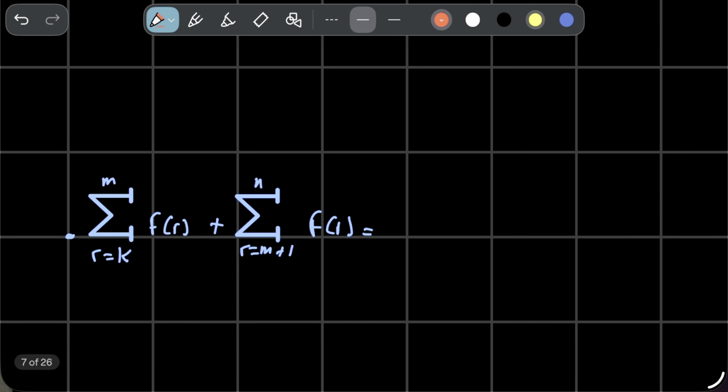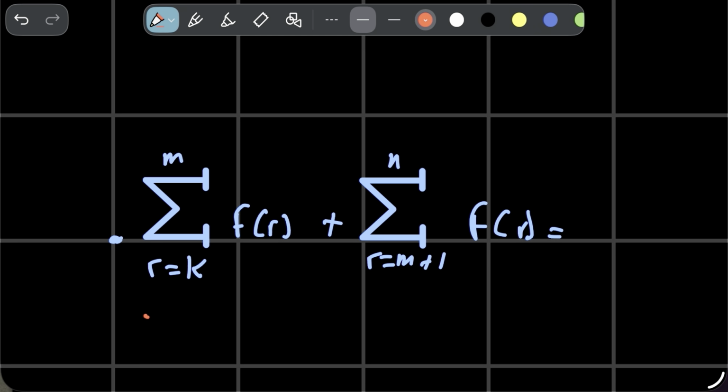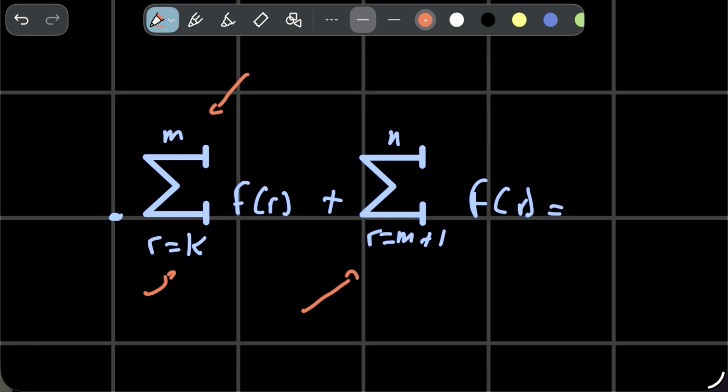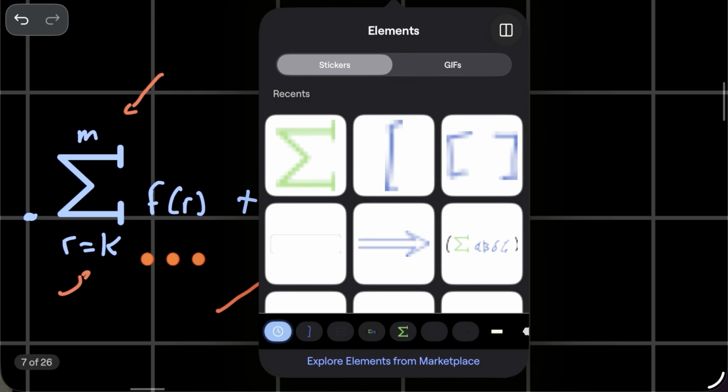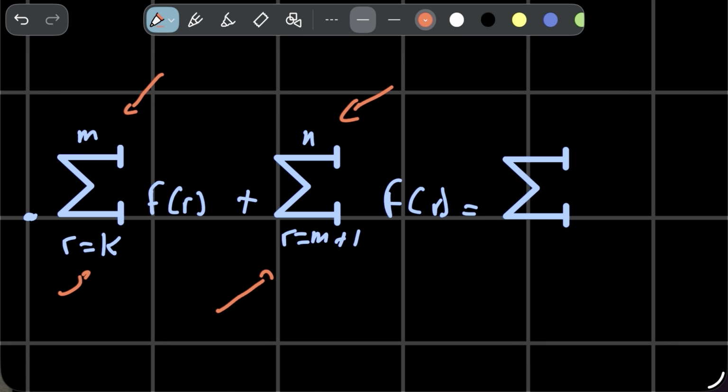So basically this was the rule that we used in our question. If we have sigma from r equals k to m, followed by a sigma where r is the term that's after m ending in n, we can simply say that it's sigma from r equals k to n.